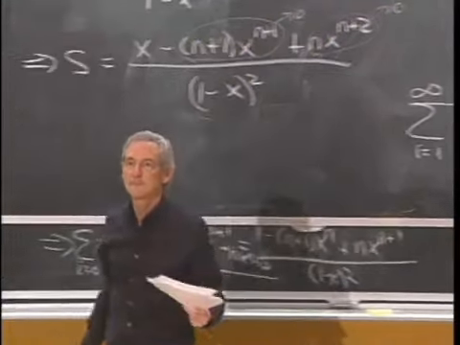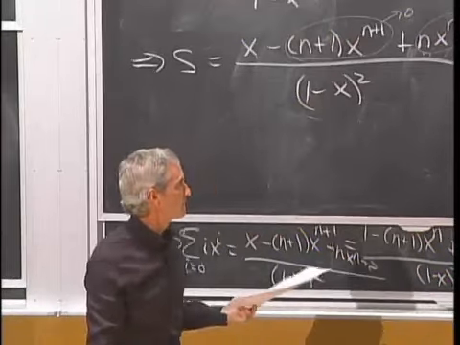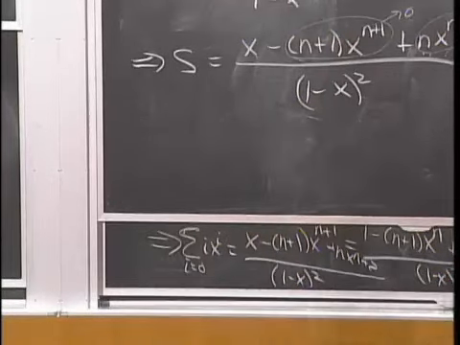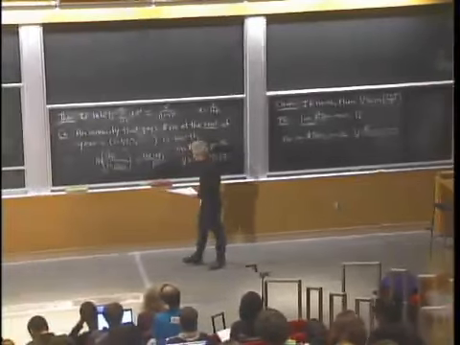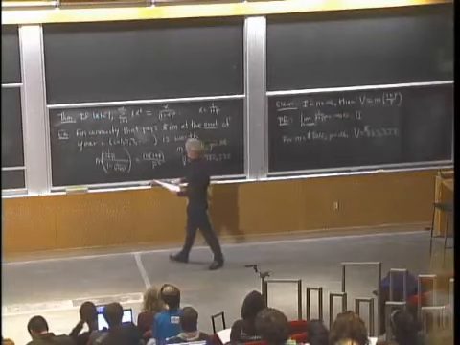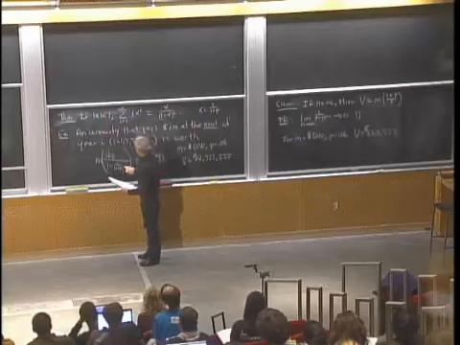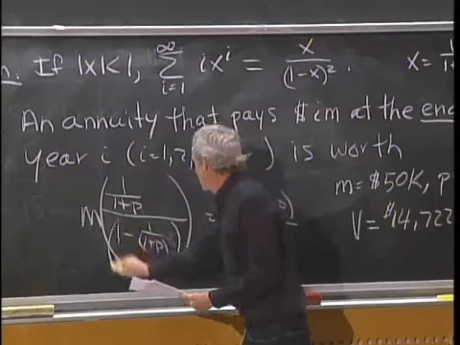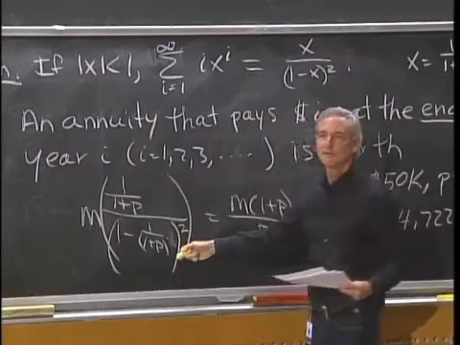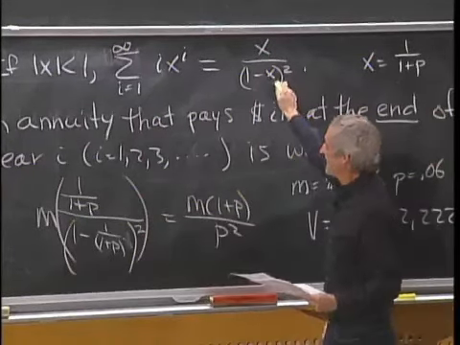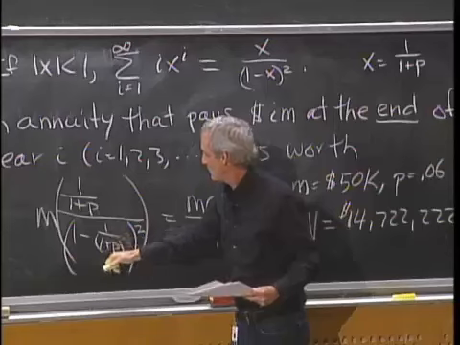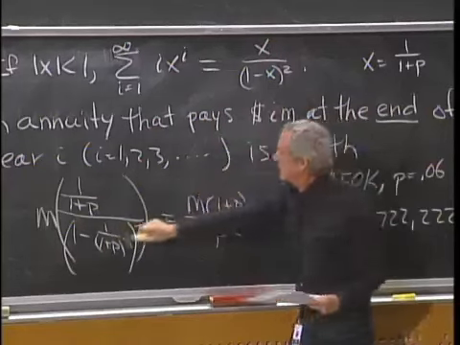Yeah? What did I do? Oh, wait. I screwed up here, too. Is that what you're asking about? Yeah, that's what I should have done, right? Because I got 1 minus x is 1 minus 1 over 1 plus p. That gets squared.